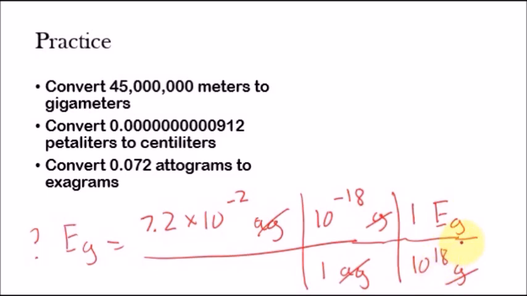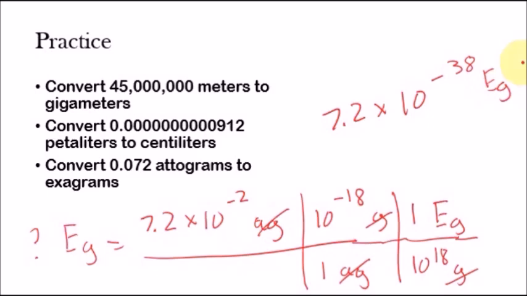And we're left with exagrams. So we'll multiply the top, multiply the bottom, and then divide. So when we do that, we will get 7.2 times 10 to the minus 20 minus 38 exagrams.